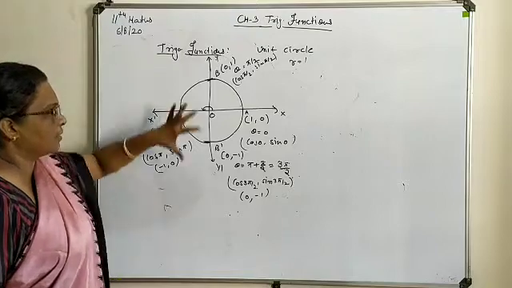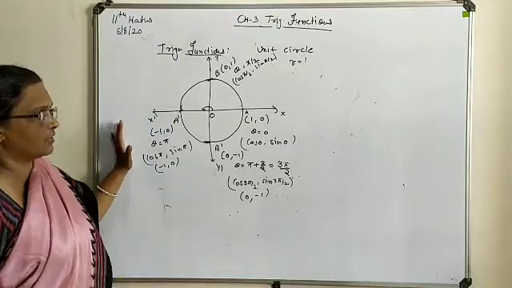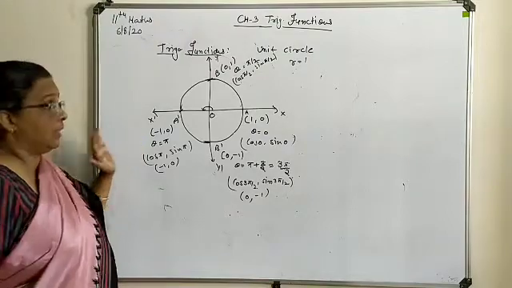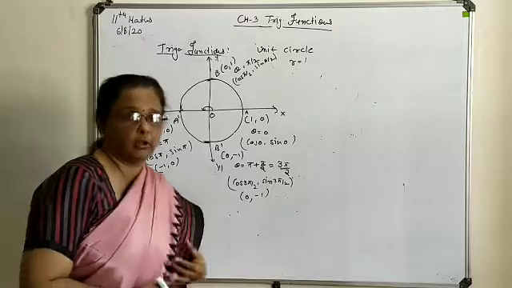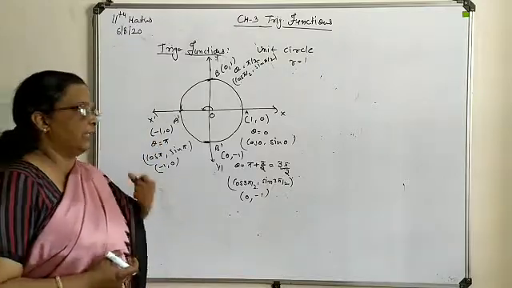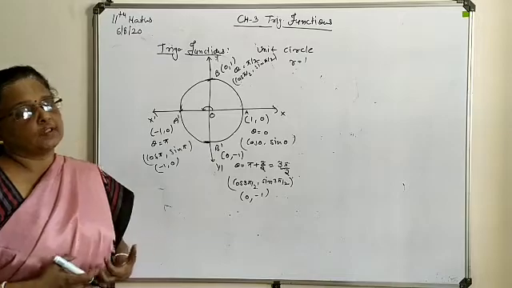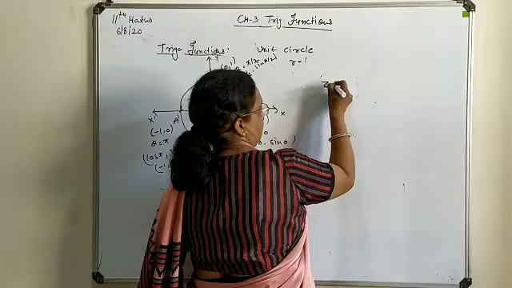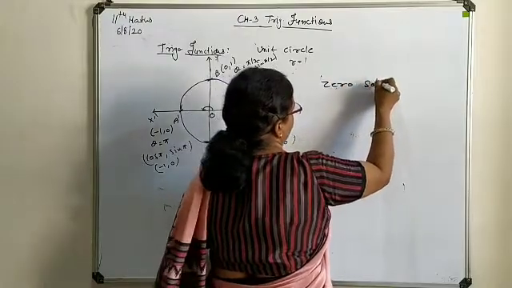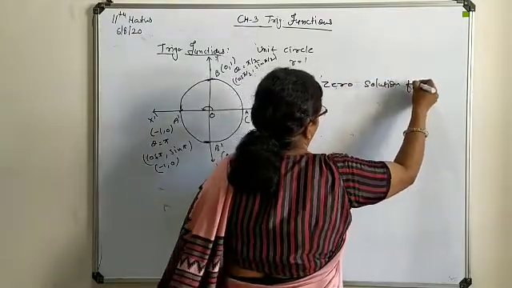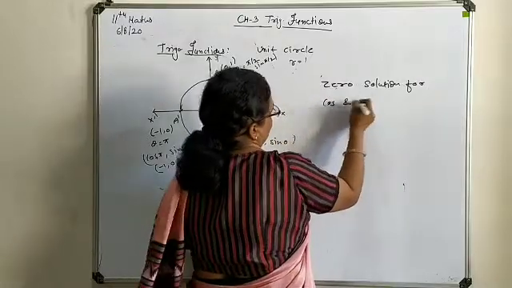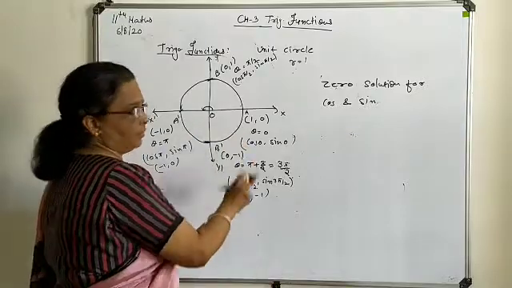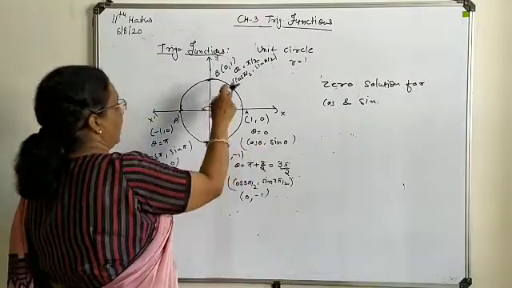Now on the basis of all these solutions, we can go for generalizing the zero solution regarding sin and cos. Zero solution means the angle at which the sin value will give you 0, or the cos value will give you 0. So here, zero solution for cos and sin. If you are talking about sin, this is sin 0.